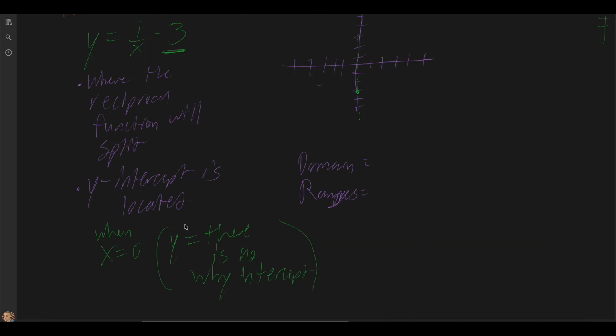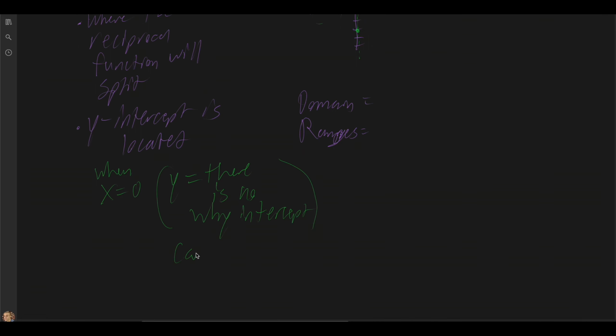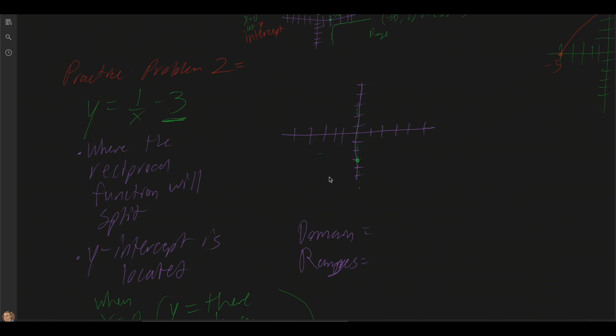Cannot divide by 0. Doesn't make any sense. So there is no y-intercept, and so we can just pinpoint this over here, and it will just go in its normal fashion between the curves, as we already know.